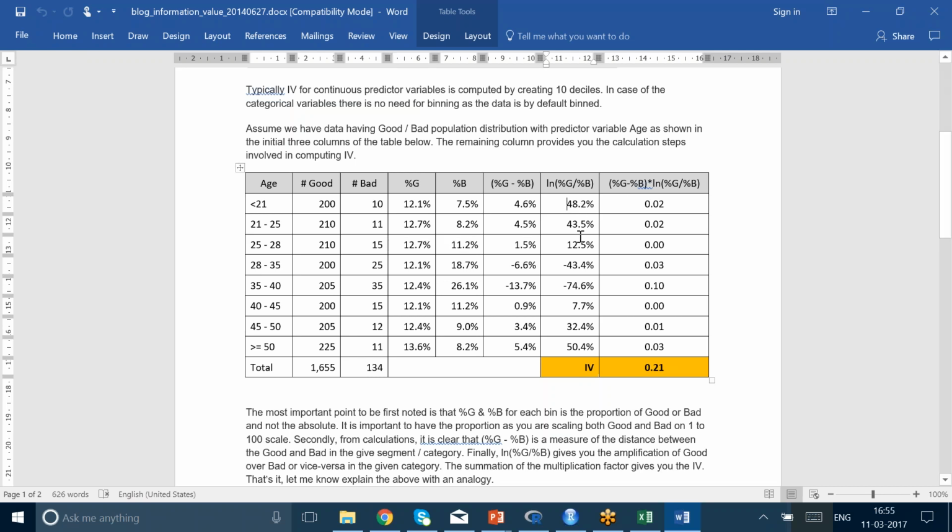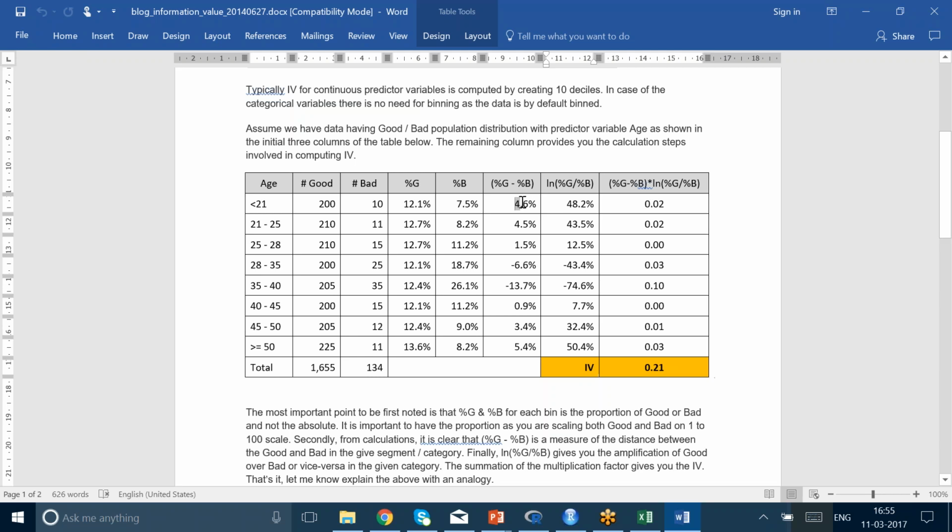The second thing is I have to take a log to the base e, natural log of percentage good divided by percentage bad. If I would have written this as percentage bad minus percentage good, this would have been percentage bad divided by percentage good. Okay, so here I have to take this log.